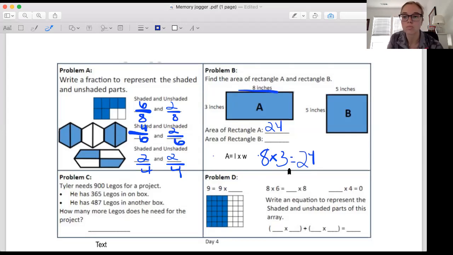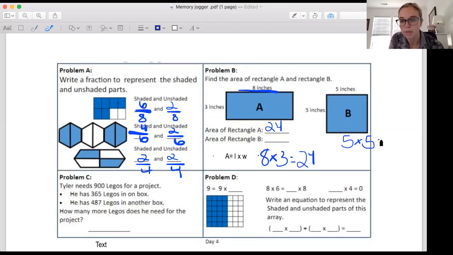I could draw 8 groups of 3. I could draw 3 groups of 8. I could use repeated addition. And for rectangle B, our length is 5 times our width, which is 5.